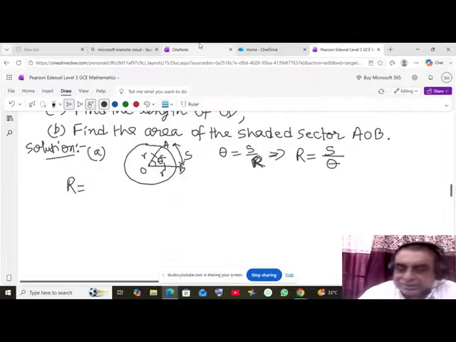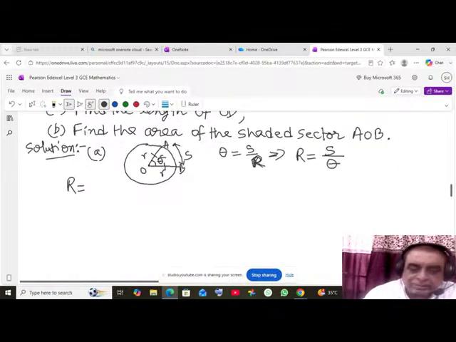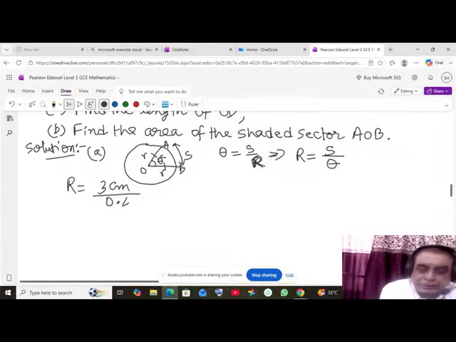S is here the length of the arc. Its value is CD, which is 3 centimeter, and the central angle value is 0.4 radian. You divide it and that will be the radius of the larger circle.